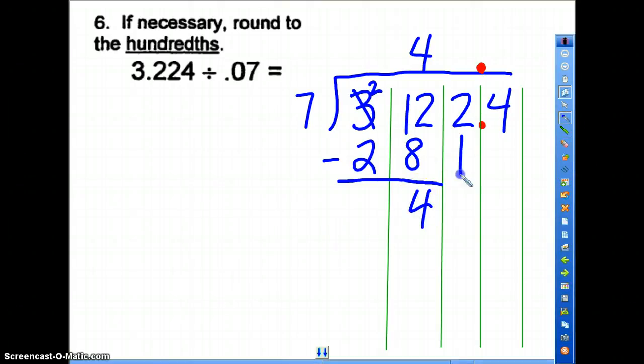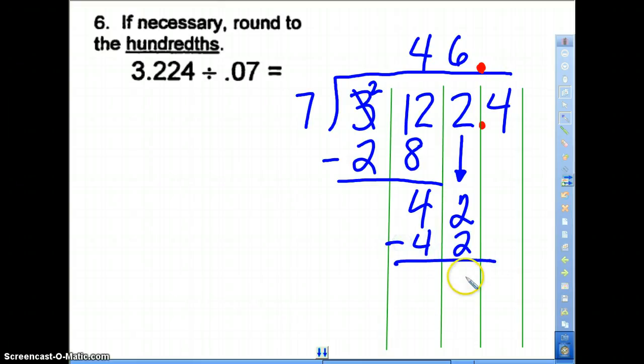Now, smart people put in those little arrows and the lines so they know where they're at. Let's bring down the 2. 7 goes into 42 how many times? Yeah, 6 times. 6 times 7 is 42. Subtract. We get 0.